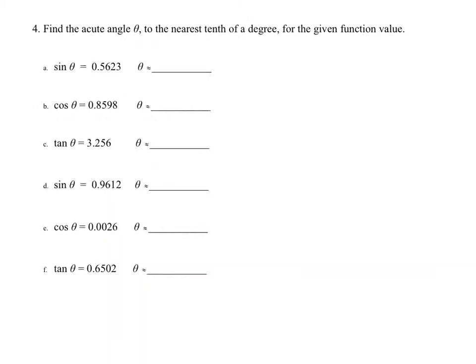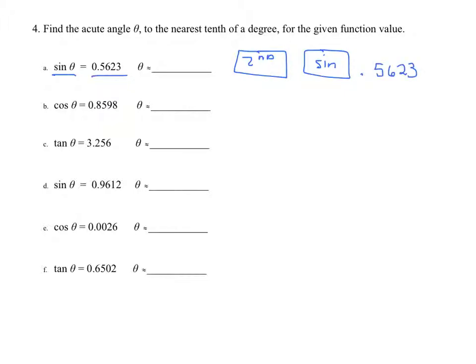Okay, so here's what we're going to do right now: we're going to find the angles. Here we have the sine of theta is equal to this. So we're going to hit second, sine button, and then we're just going to put in 0.5623.